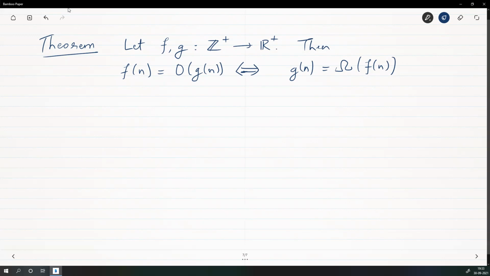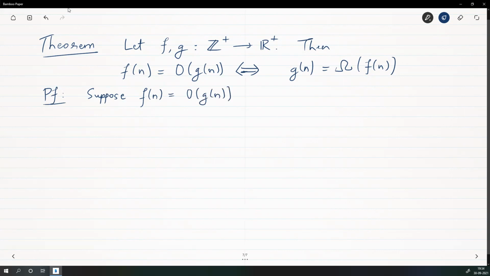How do we prove this? It's an easy proof. So let me just quickly show this. So what does it mean, if and only if? You have to assume one side and prove the other side, and you have to do it the opposite way as well. Right? So let's go one side. Let us show LHS implies RHS. So suppose f of n is big O g of n.